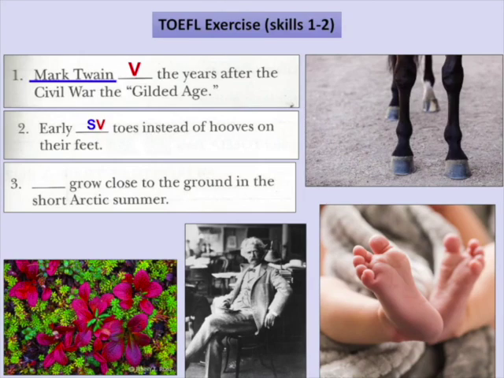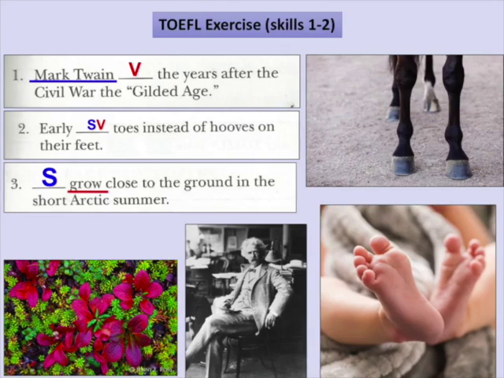Now number 3, something grow close to the ground in the short Arctic summer. Do we see a subject and verb? There's a verb right here, grow, but there's no subject in front of it. So we know right here this answer needs to have our subject.